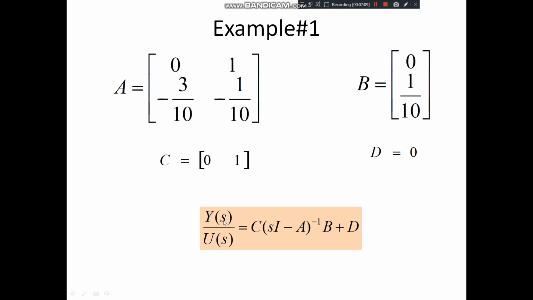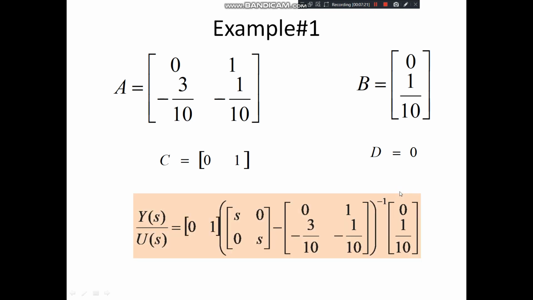As we have the transfer function equation Y(s)/U(s) = C(sI − A)⁻¹B + D, we substitute all the values of the matrices to obtain this equation. Now we'll simplify these matrices with subtraction, addition, inverse and multiplication to obtain the transfer function.